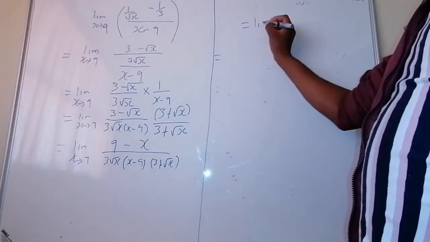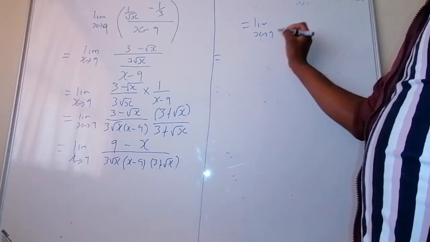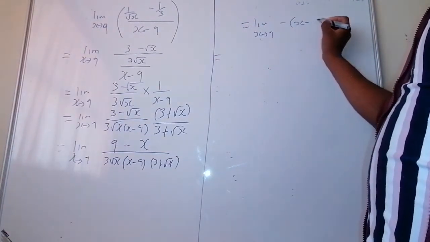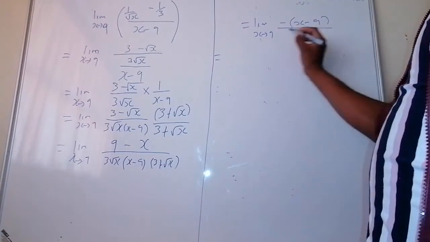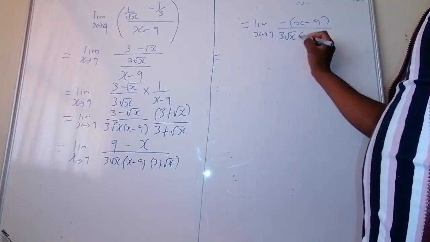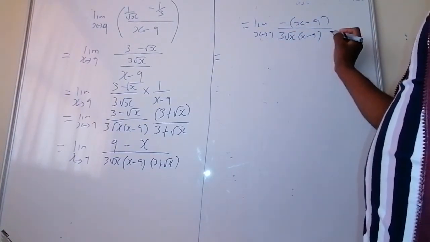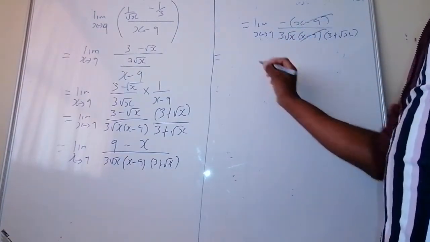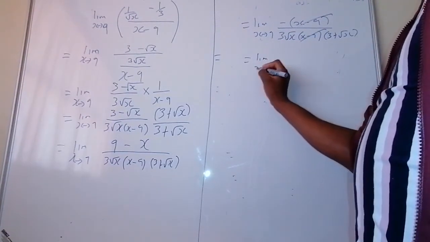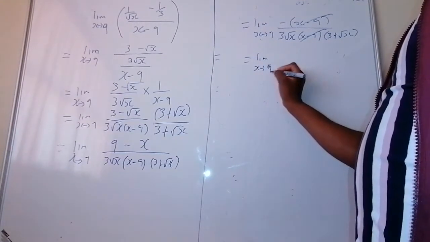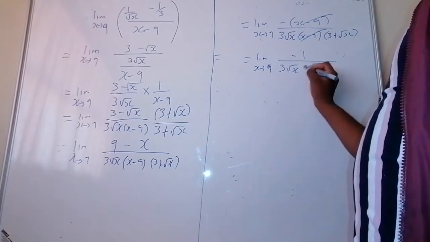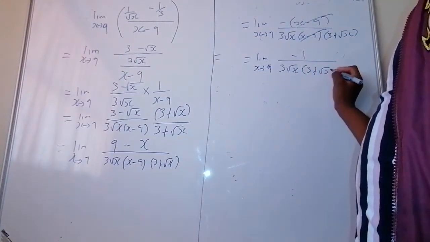So limit as x approaches 9. You can take out the common factor of negative. So this is going to be negative into x minus 9 over 3 square root of x, x minus 9 into 3 plus square root of x. So cancel these two. So limit as x approaches 9 of negative 1 over 3 square root of x, 3 plus square root of x.